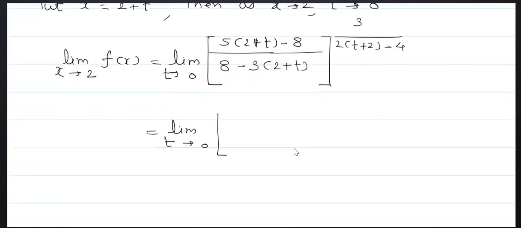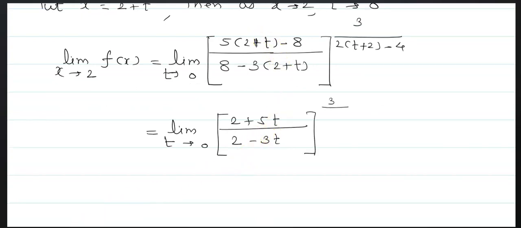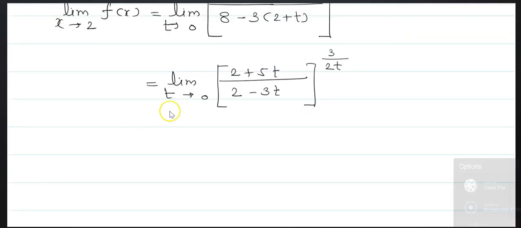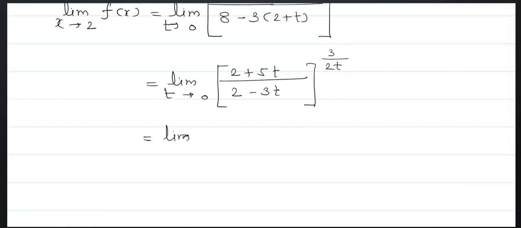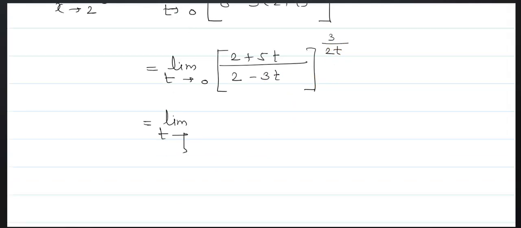Therefore, limit t tends to 0. You can also take h there. That is (5 plus 5t upon 2 minus 3t) whole bracket raised to 3 upon 2t. Limit t tends to 0.